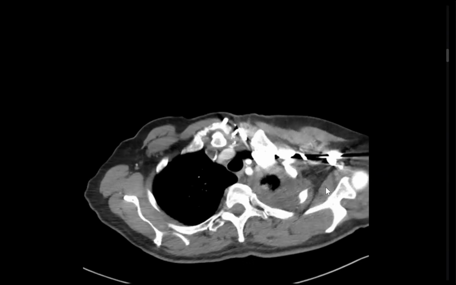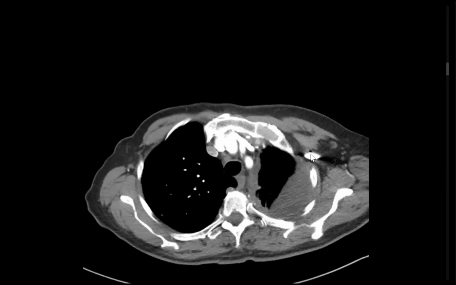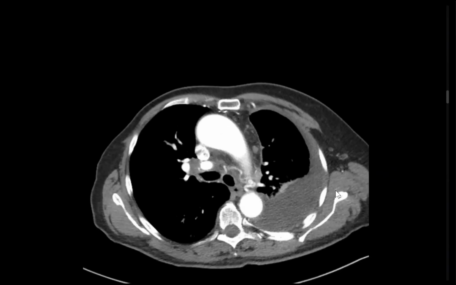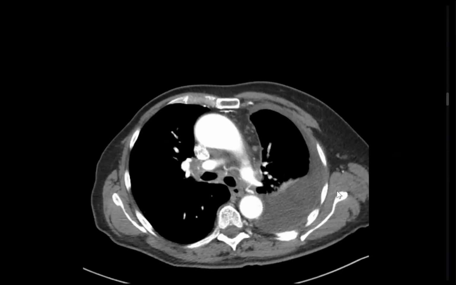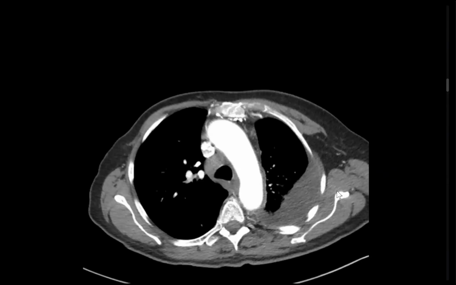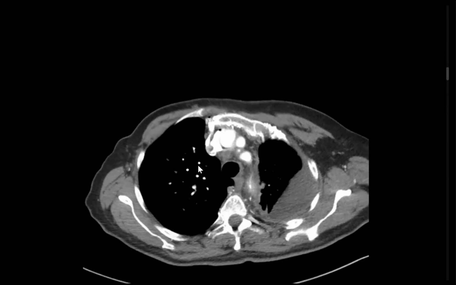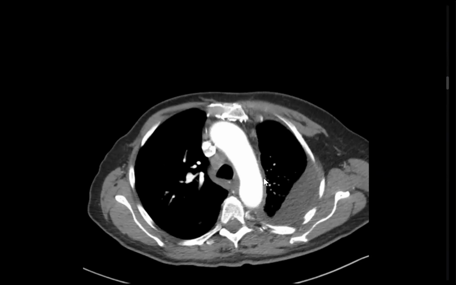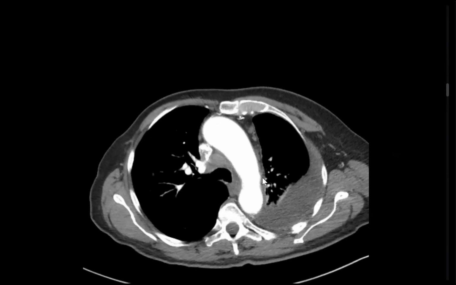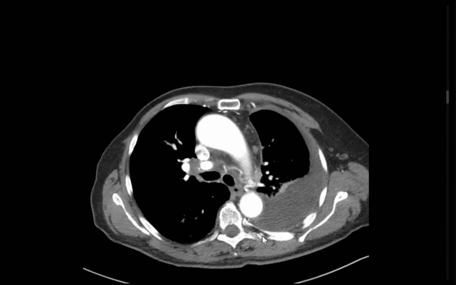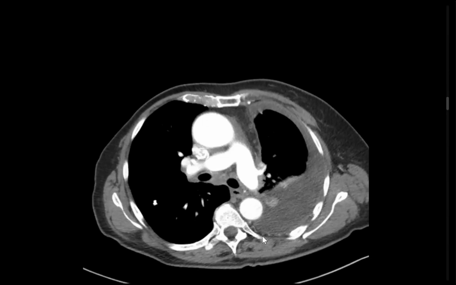This is the contrast enhanced CT scan of the chest of the same patient. There is evidence of moderate pleural effusion on the left side, and enlarged mediastinal lymph nodes, pretracheal node, and perivascular nodes as well.